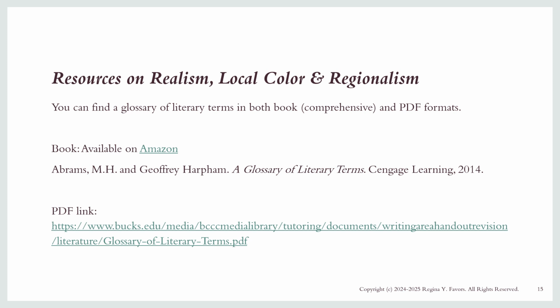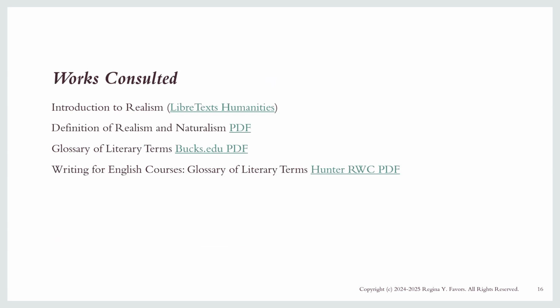And then you can click this link and get access to the PDF of literary terms. And this is Works Consultant. So, Introduction to Realism, Definition of Realism and Naturalism, Glossary of Literary Terms, Writing for English Courses, Glossary of Literary Terms. So, you should be able to click within the PDF.